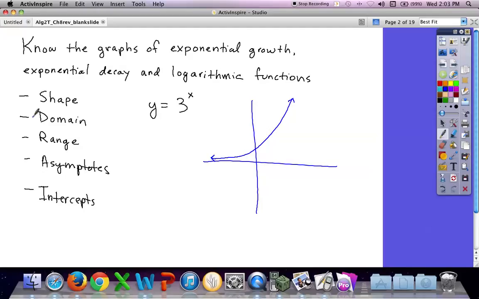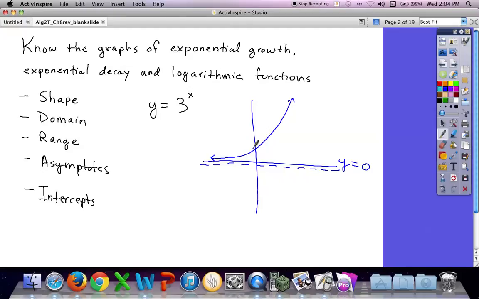I'm going to jump down to the asymptote. It has an asymptote on the x-axis, which should be sketched in. You needed to dash it in so you can see it and label it y equals 0.